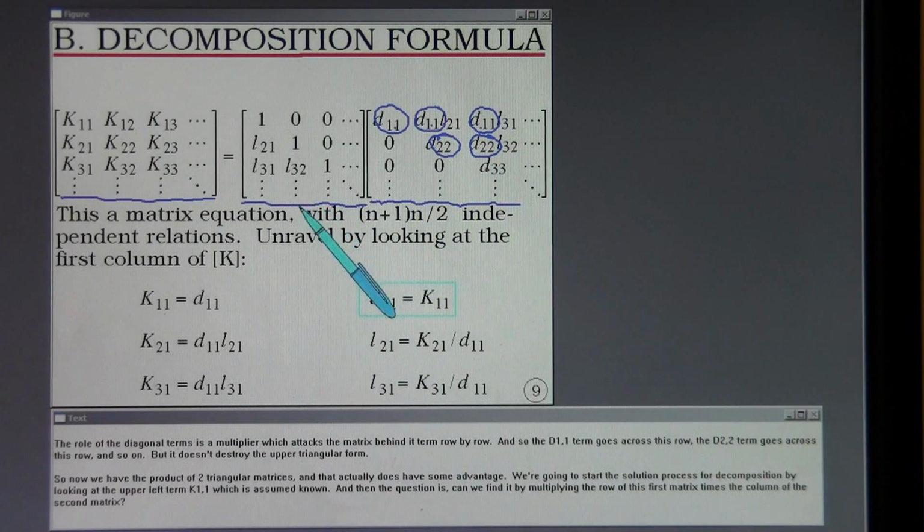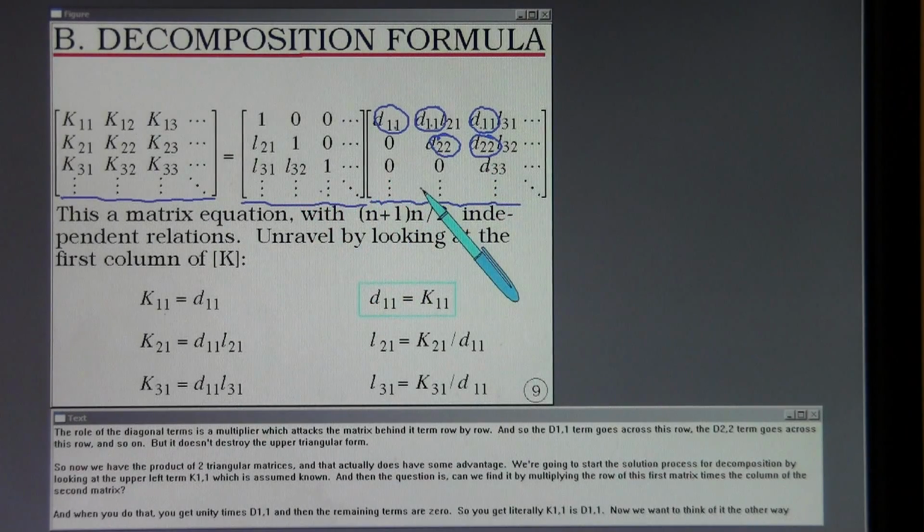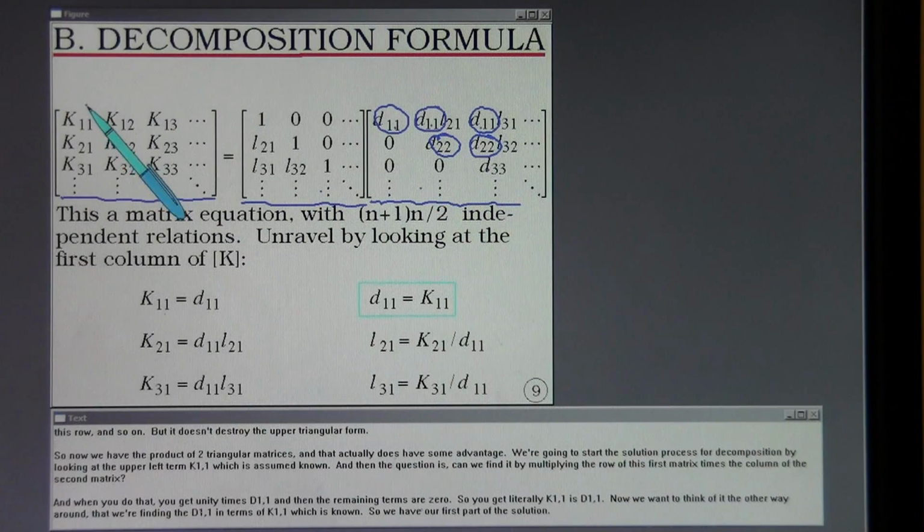So now we have the product of two triangular matrices, and that actually does have some advantage. We're going to start the solution process for decomposition by looking at the upper left term K11, which is assumed known.